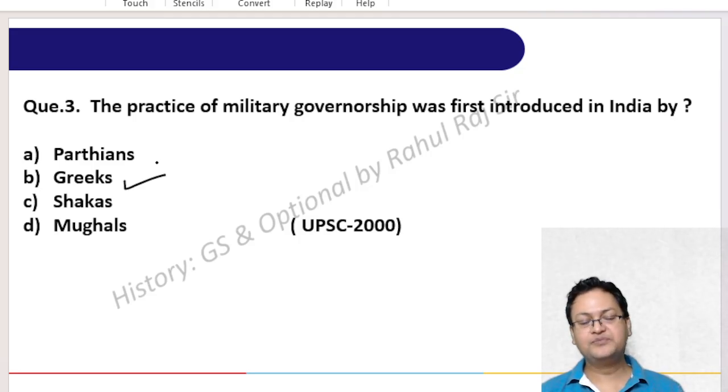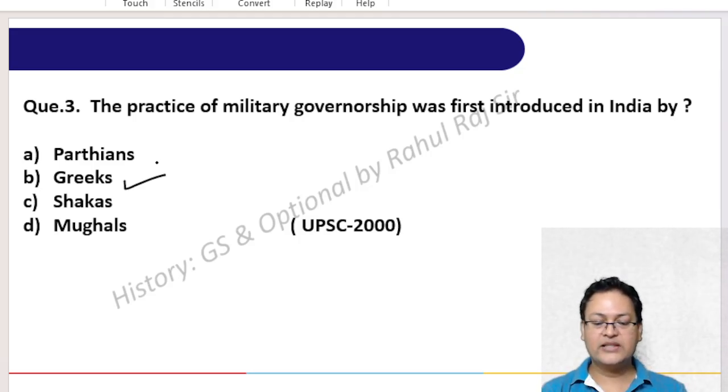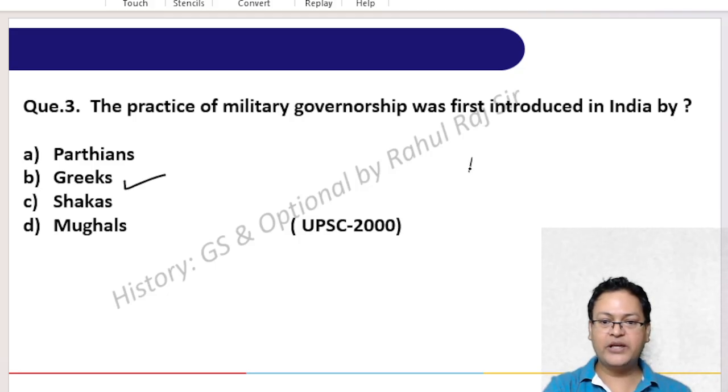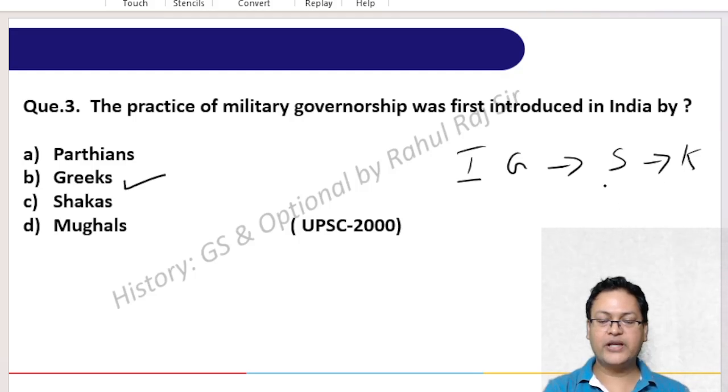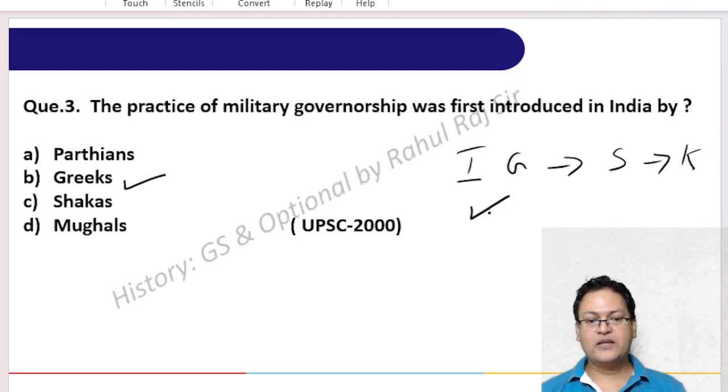We discussed that this satrapy system was further developed by Shakas, Greeks, and Kushanas. So the sequence is, first came the Indo-Greeks, then came the Shakas, and then came the Kushanas, right? So here the answer would be Greeks.